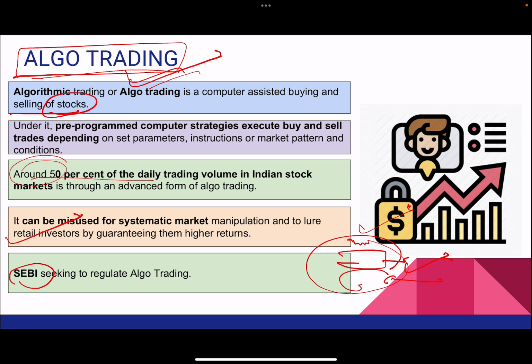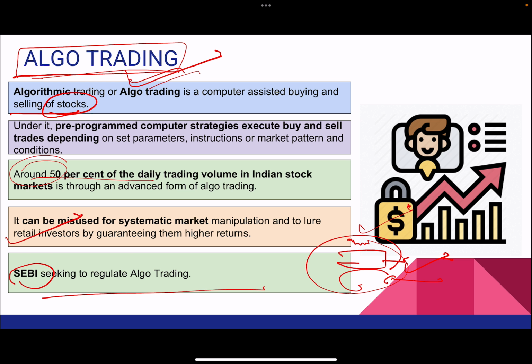Now, since more and more trading is happening based on these algorithms, there is a need for one standard set of guidelines in place, so that any misuse should be identified in the beginning itself and controlled. The market should be more regulated, and the shareholders, the stockholders, should not suffer because of any such misuse.